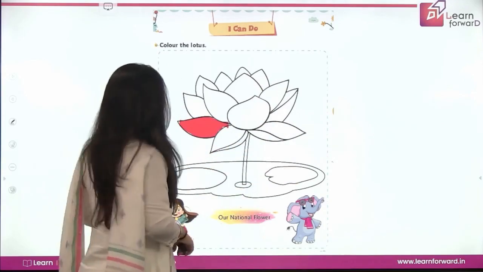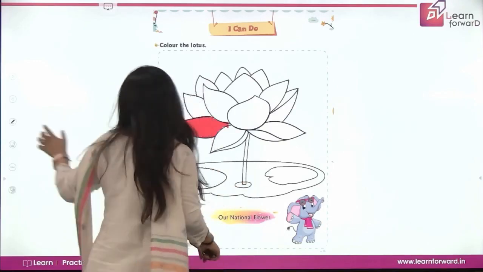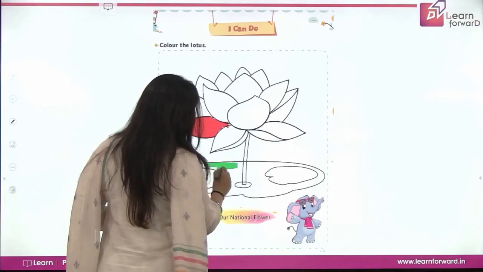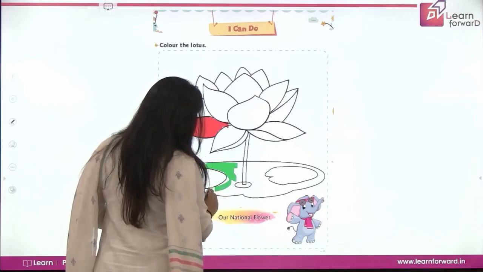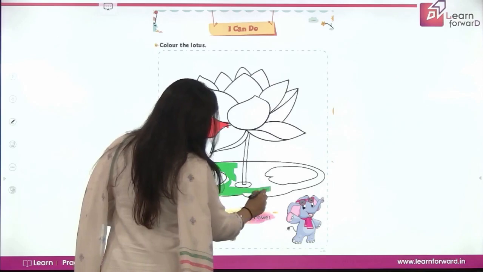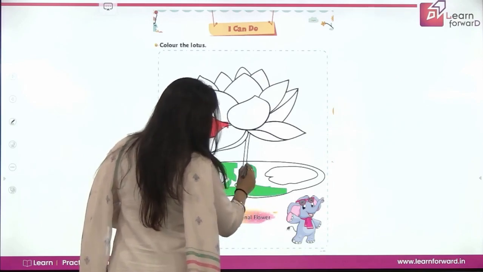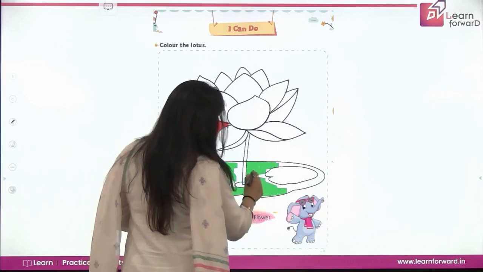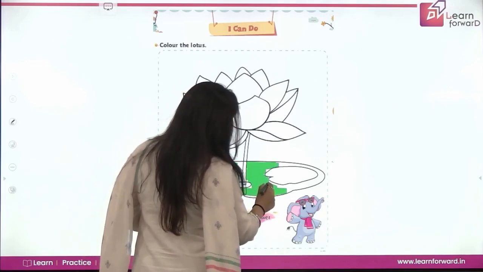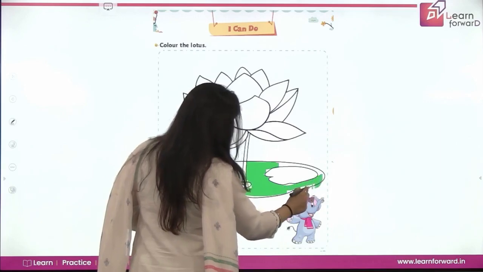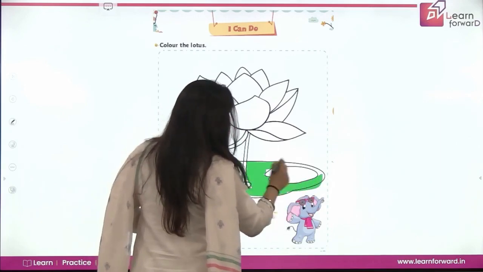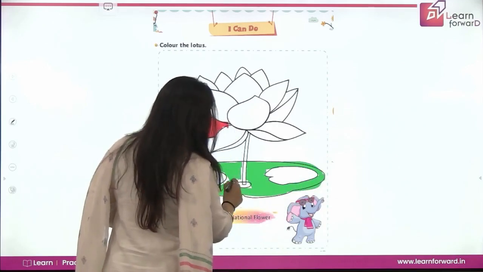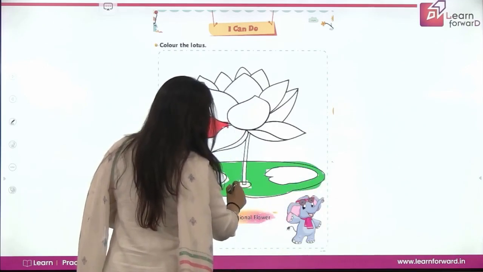Now over here you can do green color like this. Make sure your color doesn't come out. Like this, you can do green color here. Okay, please finish it at your home.